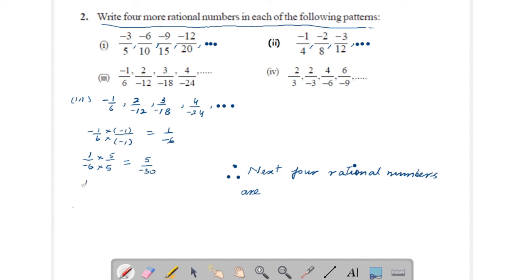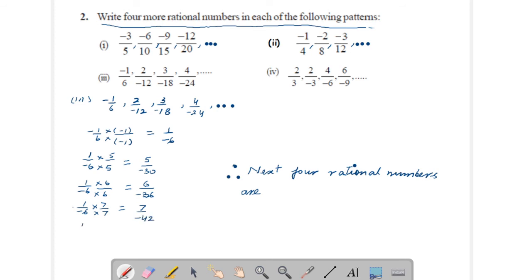Again take 1 upon minus 6, multiply numerator and denominator by 6, we will get 6 upon minus 36. Again take 1 upon minus 6, multiply it by 7, we will get 7 upon minus 42.